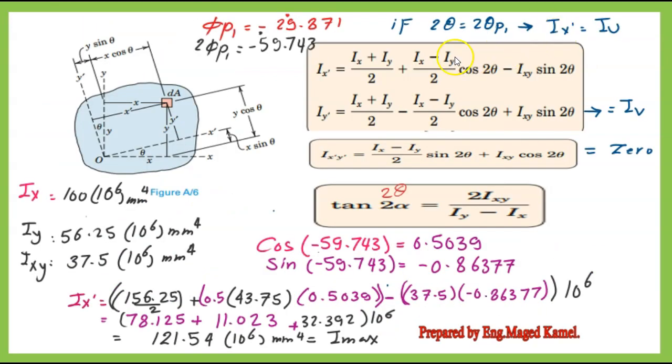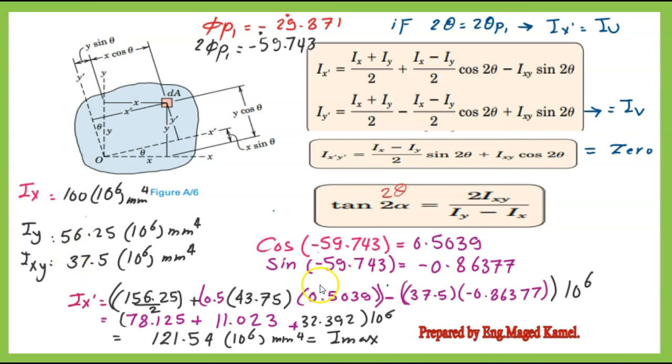In the next slide, we will be estimating the values of Ix dash by using the general expression of Ix dash as Ix plus Iy over 2 plus Ix minus Iy over 2 multiplied by cosine 2 theta minus Ixy sine 2 theta. We have all the values of Ix, Iy, and Ixy listed.